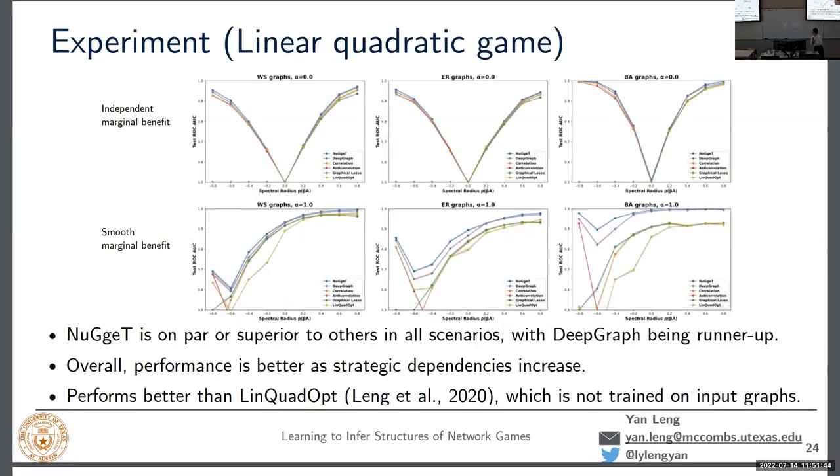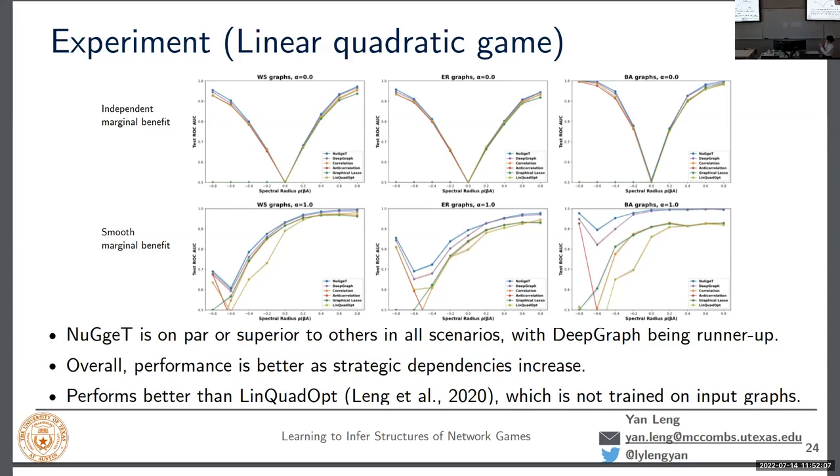This is the result for a linear quadratic game. On the top row are results for independent marginal benefit, meaning that the marginal benefit has no information about the graph structure. The second row is the result for the smooth marginal benefit, meaning that the marginal benefit itself encodes information about the graph.